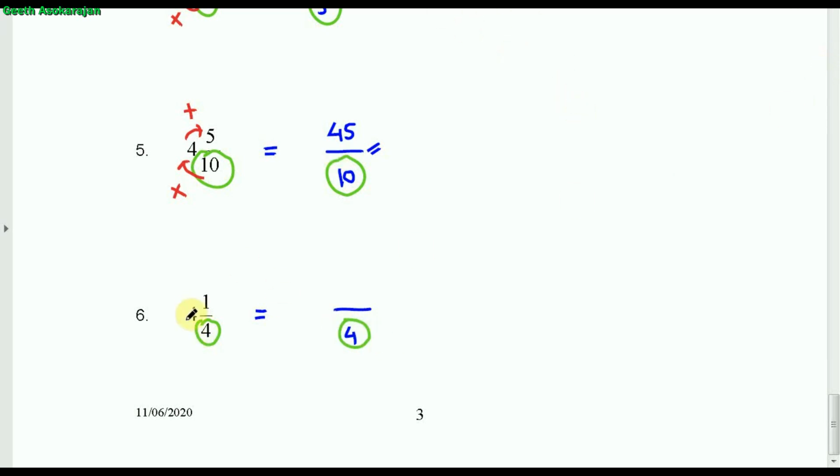Step number 2 is we multiply the 4 by this 4 here and I add the answer to the 1 on top. So let's go through that part of the calculation. 4 times 4 is 16. 16 plus 1, 17. And then you're done. So 4 1/4 is the same as 17 over 4.